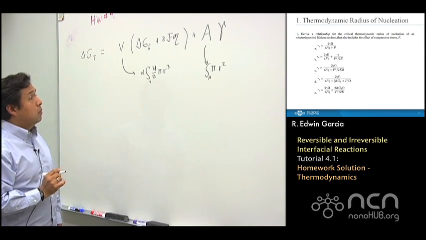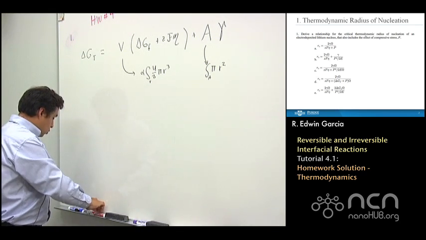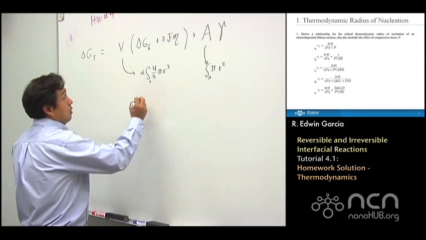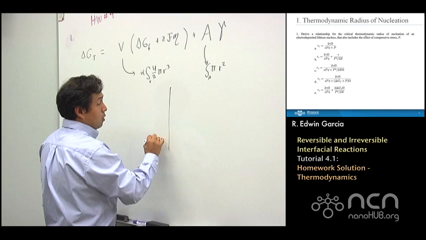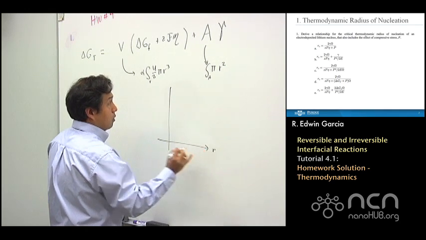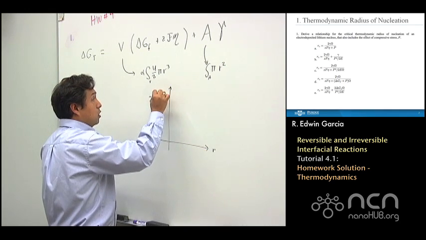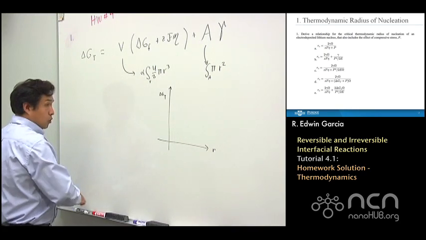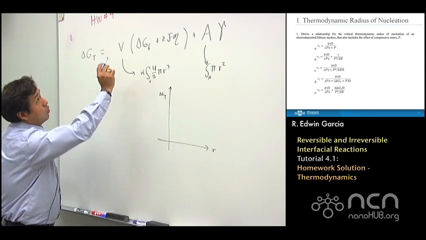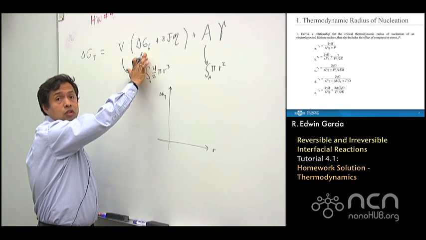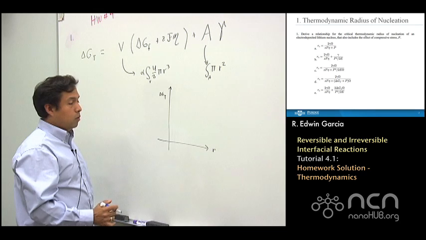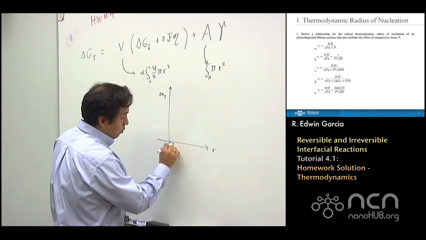Also conceptually, as we go along, one can draw the total free energy as a function of radius. The volumetric contribution, if delta G is negative, basically if the material indeed wants to transform, will go something like that.